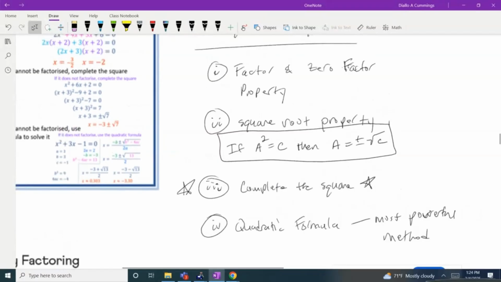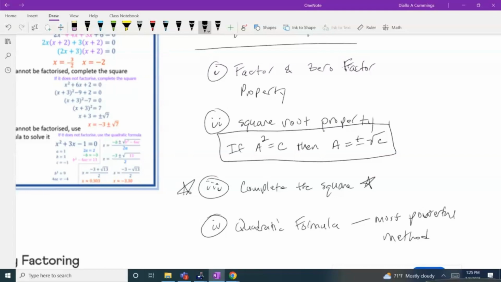So what I mean by the most powerful method is, in order to use those first three methods to solve a quadratic equation, the quadratic equation must be in a certain form. But when using the quadratic formula, the only thing you have to do is put it in standard form and use the quadratic formula.